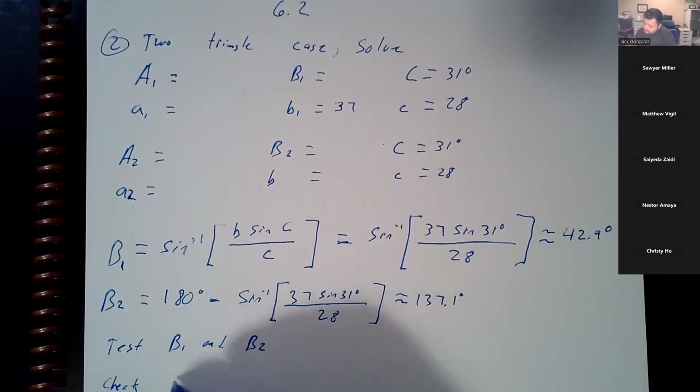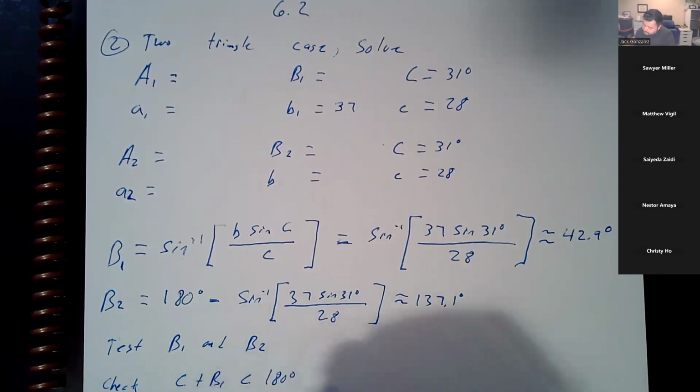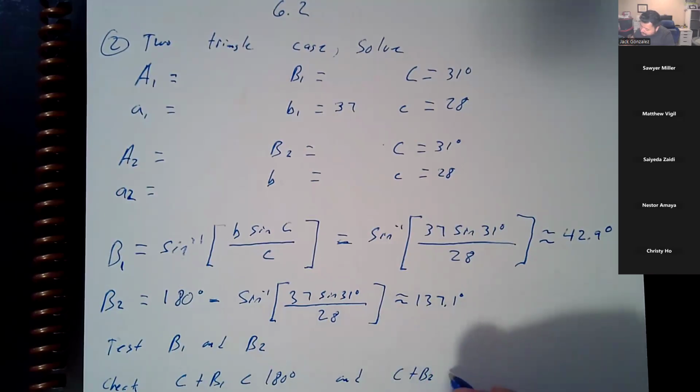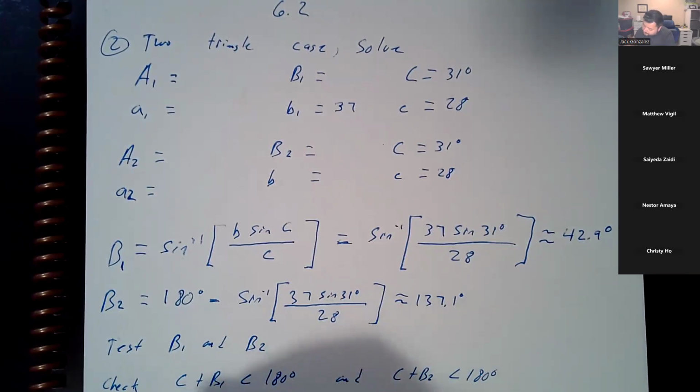Check if C plus B1 is less than 180, and C plus B2 is less than 180. That'll be 31 degrees plus 42.9 degrees. That is less than 180, right?